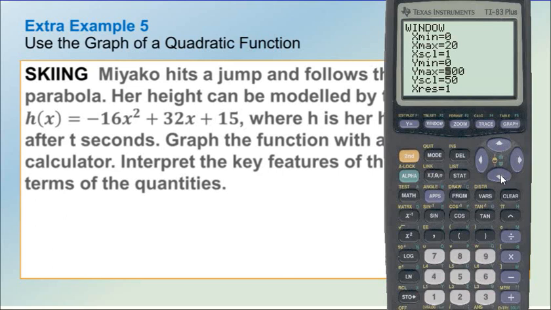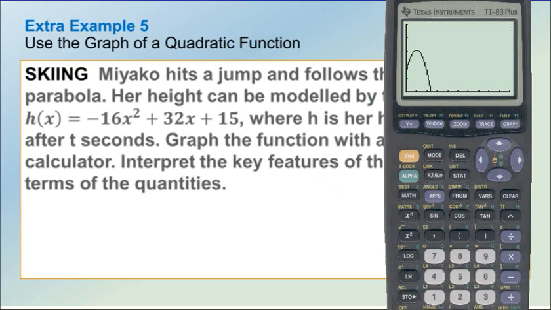Maximum height, so we know he starts at 15, then goes up. Let's just make this 100, be on the safe side, and then we'll just count by tens. And then hit graph. So let's change our window settings so we can see that a little better. The maximum, let's make that 10. Count by ones. The y max, let's do this at 50, and we'll count by tens as well. Graph that. There you can see that better.